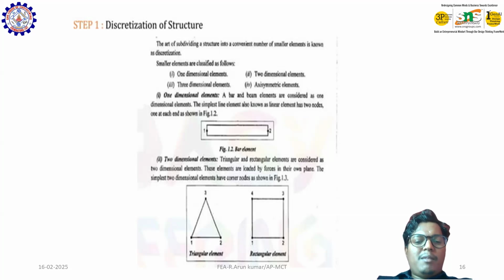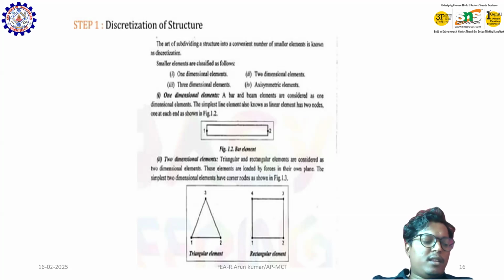Two-dimensional elements are triangular or rectangular elements. The triangular or rectangular elements are considered for two-dimensional analysis. For example, here I consider a simple triangular element or rectangular element, with nodes 1, 2, 3 and 1, 2, 3, 4.